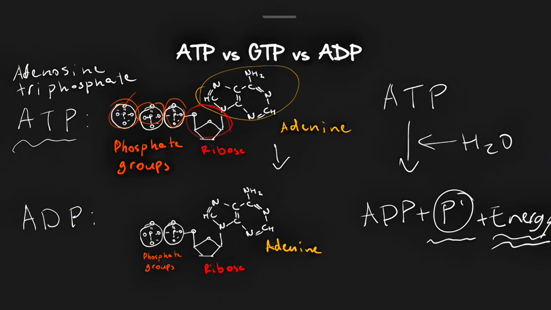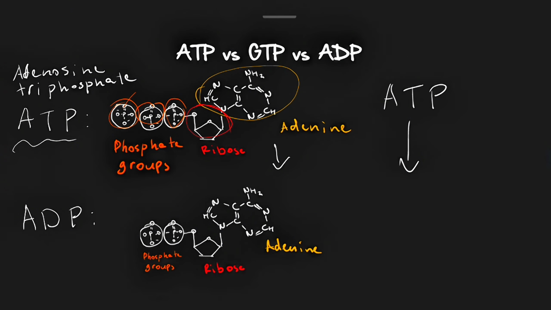And conversely, when an organism has a lot of energy, it wants to save its energy, so it saves it in the form of ATP. The organism consumed a lot of energy as ADP, and when it wants to turn ADP into ATP, we need a lot of energy for that.